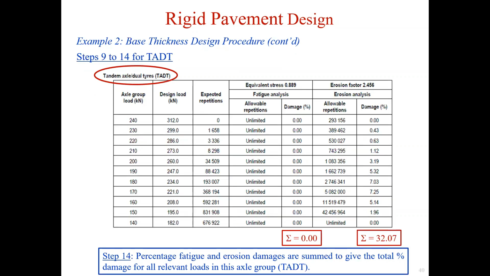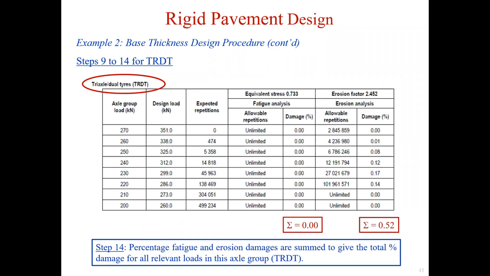Similarly, the data for axle group DADT is shown in this table, and the total percentages of fatigue and erosion damage are summed as 0% and 32.07%. The data for triaxial with dual tires, TRDT, is shown in this table.